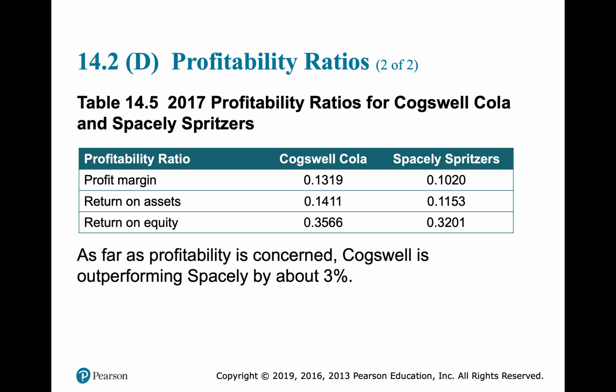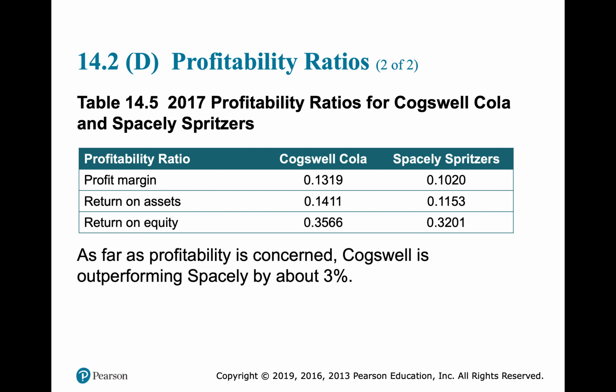Okay, and again, we're going to look at some examples here. So when we look at Cogswell, we see a profit margin of about 13%. Now remember, these are ratios, so we can look at them as a 0.13 to 1. So what does that mean exactly? You might look at that and say, well, that's just a number.